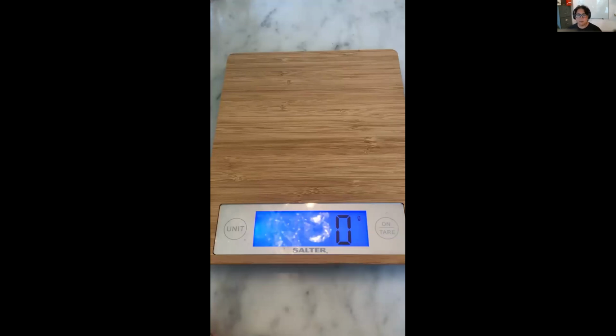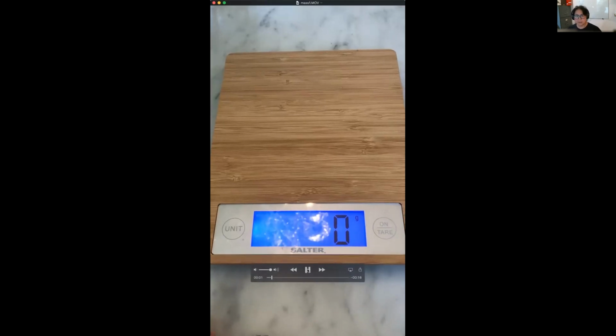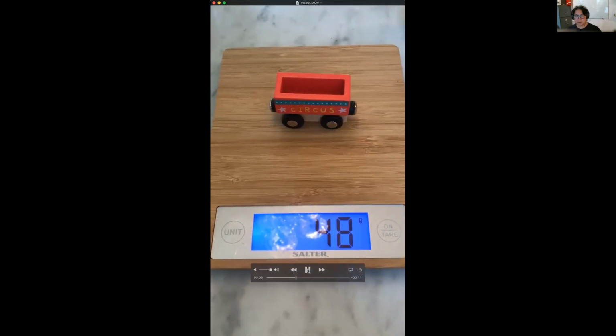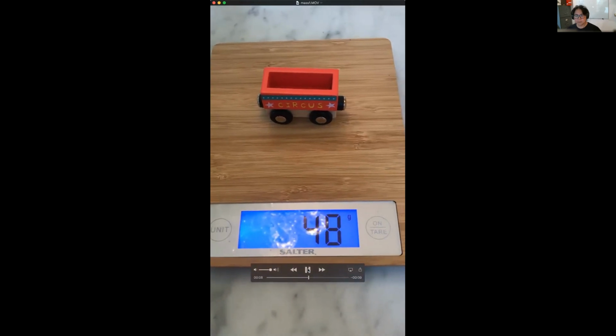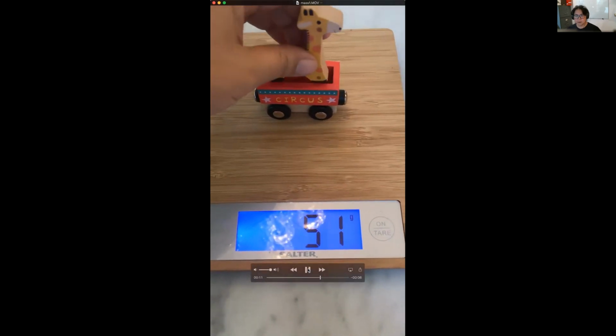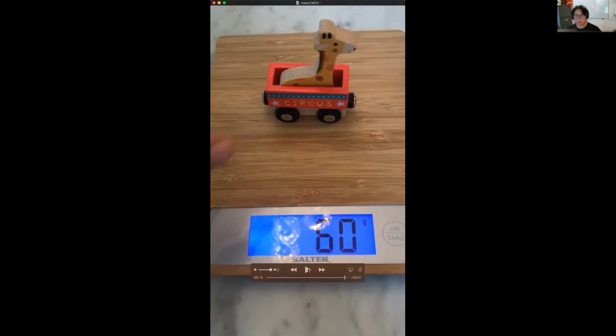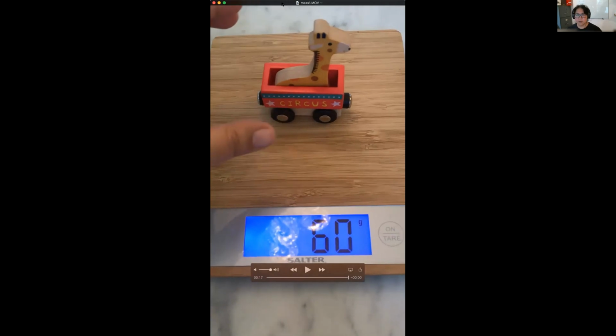So here I'm going to measure the mass. Adding the giraffe, the total mass of the cargo train and the giraffe is 60 grams. Okay, stop share.